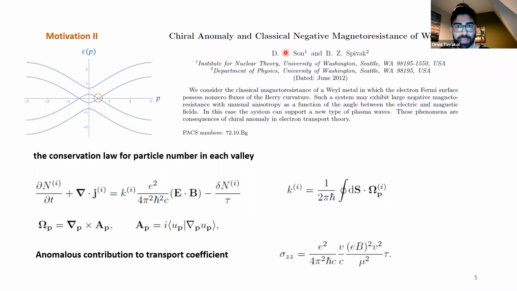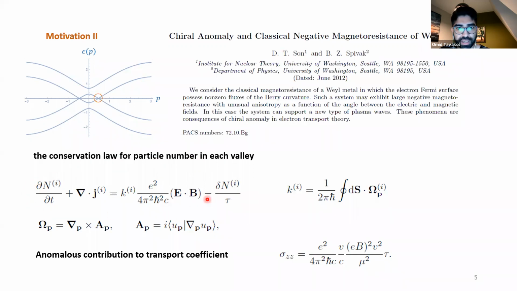There's a beautiful paper by Son and Spivak about chiral anomaly and classical negative magnetoresistance in Weyl metals. What they showed is that the conservation law of particle number at each of these touching points in the dispersion relation of the Weyl metal is this equation.